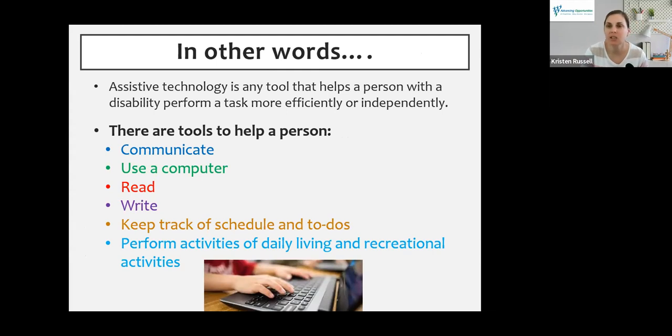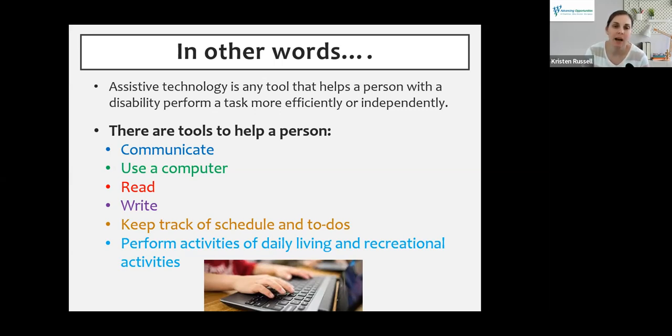So assistive technology is very, very broad, okay? And it's all individualized to the particular person who's using it. Just to give you some ideas of the vastness of the field, there are tools that can help people communicate.